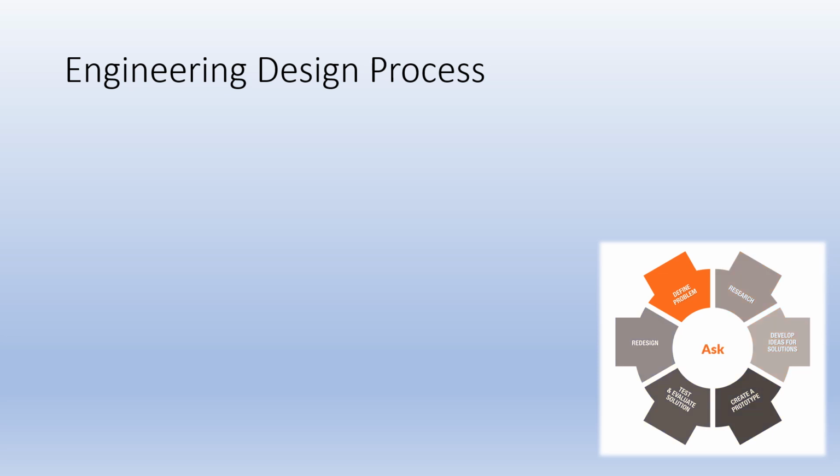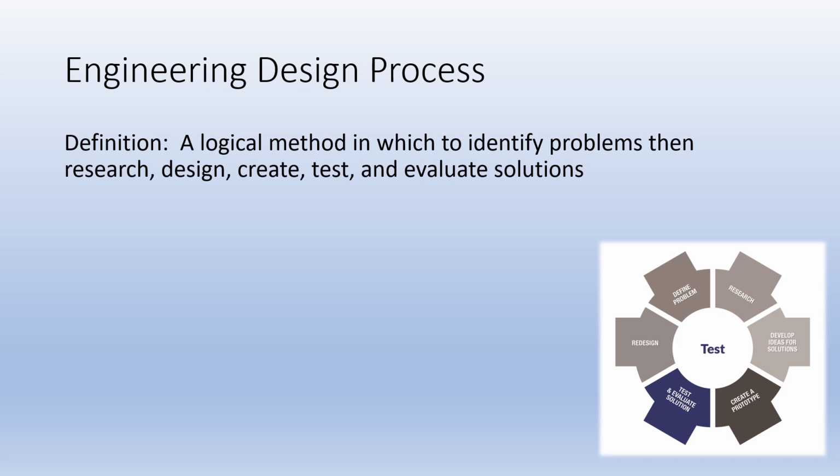So one of the first things I want to do is just remind you that the engineering design process, the definition, is a logical method in which to identify problems, then research, design, create, test, and evaluate solutions. Okay, so it's a logical method, which means that it is repeatable, right? It's not just something based upon my feelings or how things are going today.